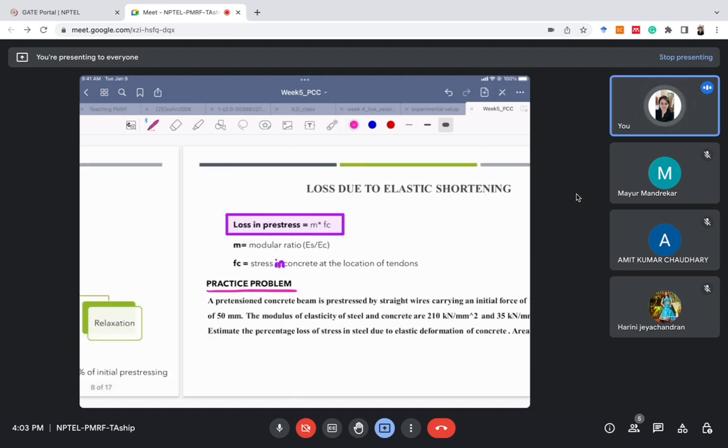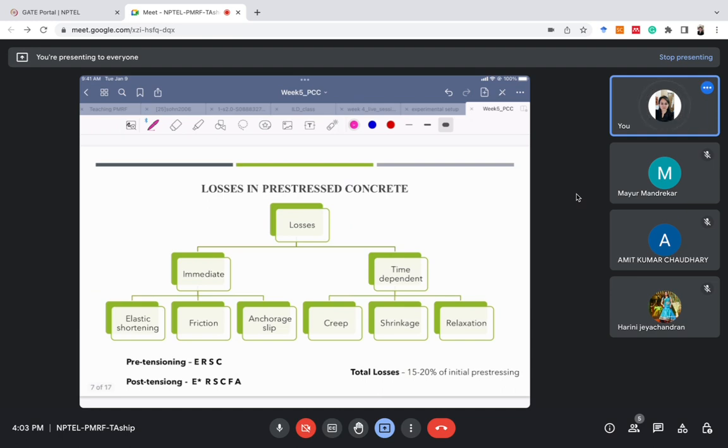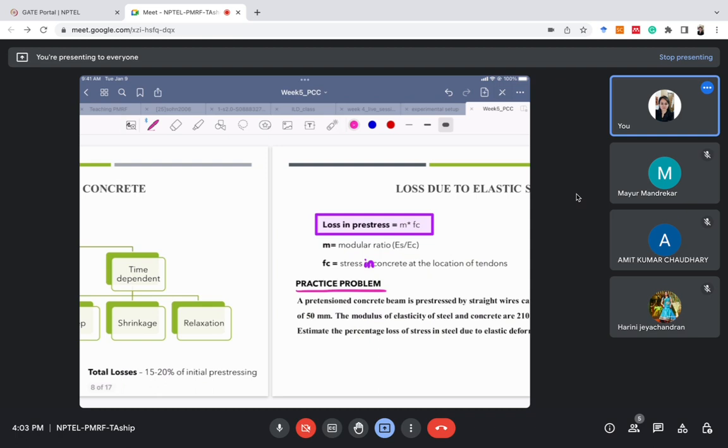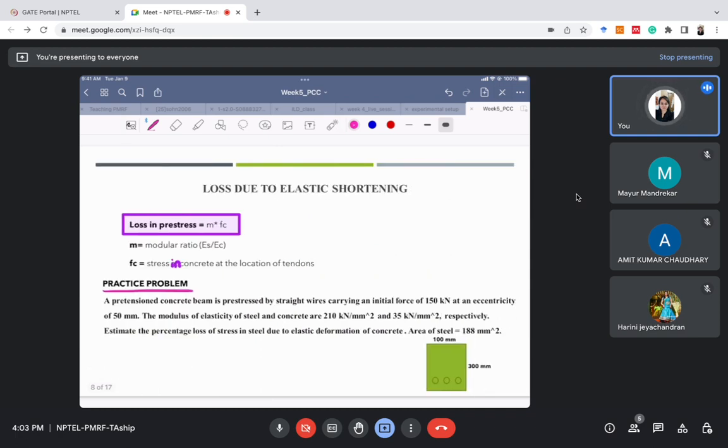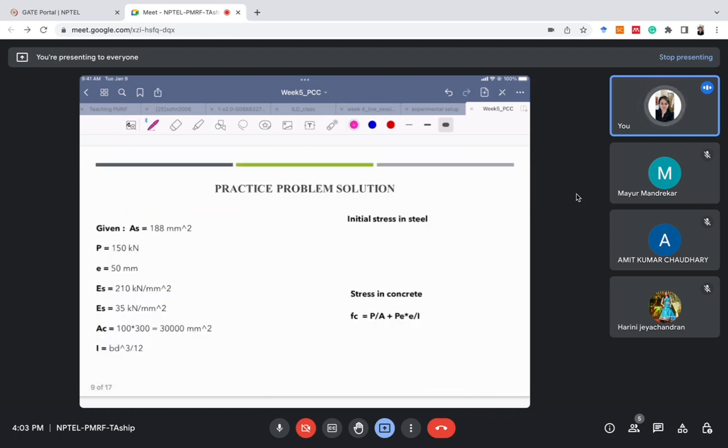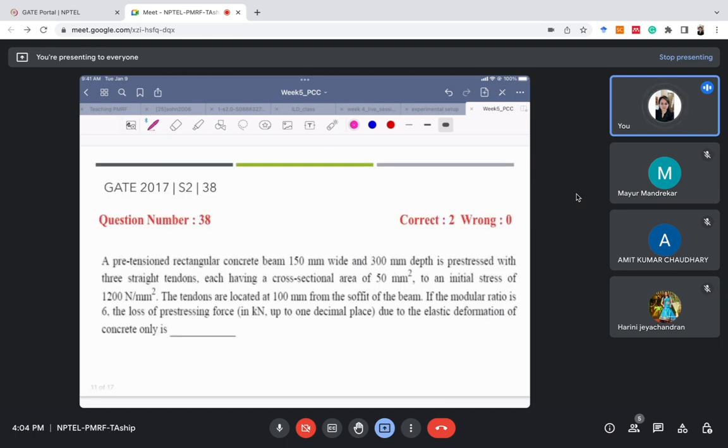All the losses we'll not be able to cover today. I'll only cover the elastic shortening loss today. Maybe in the next upcoming session, I'll take other losses too. It's a very important type of loss. So one practice problem related to this elastic shortening loss, and then two GATE problems. One is GATE 2017, set 2, question number 38, which is related to elastic shortening loss.